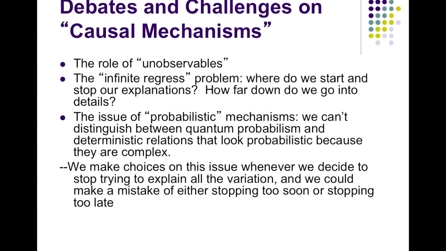Or we could treat them as deterministic when really they're actually very probabilistic. And so we can make a mistake in either direction. Again, we'll never know for certain whether we've made the right choice between modeling something as if it were deterministic or as if it were some kind of probabilistic relationship.